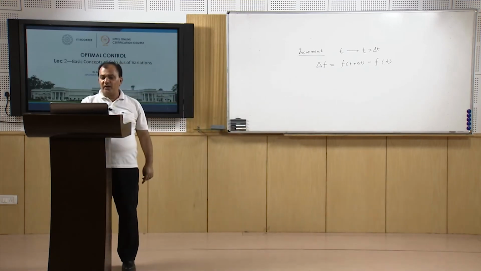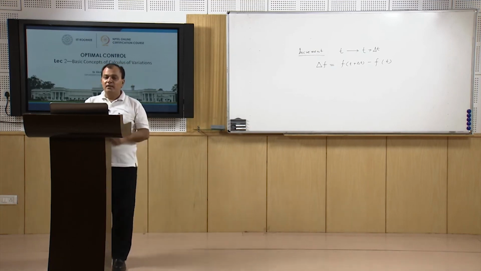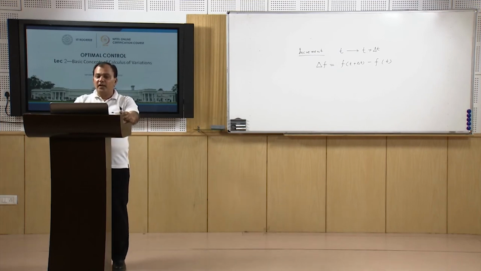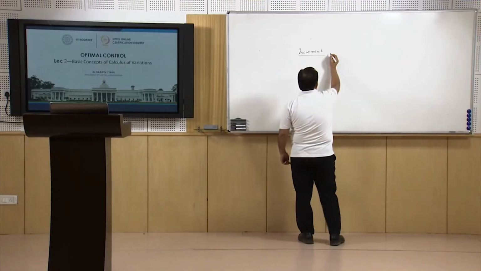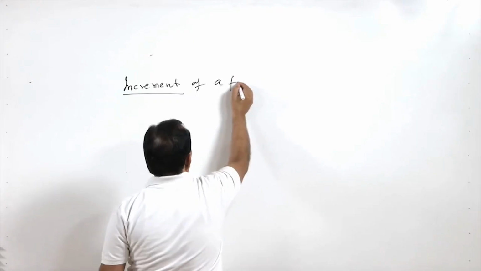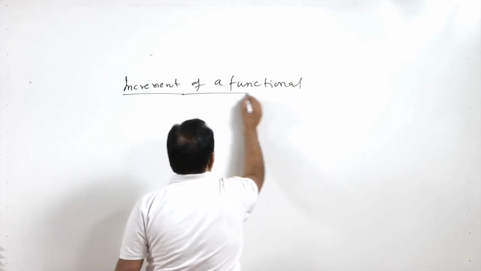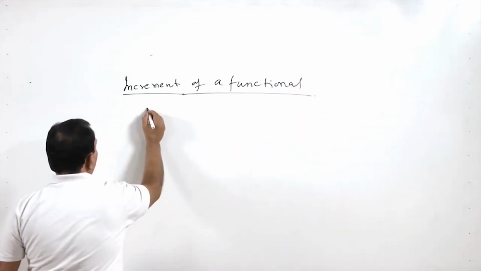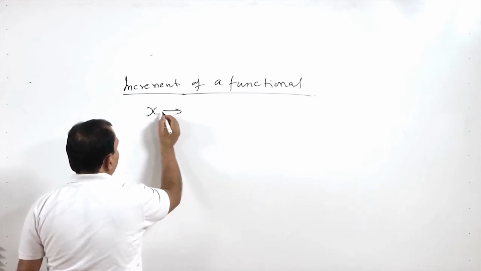Similarly, we can define the increment of a functional. The increment of a functional J, denoted by delta J, is defined as J of x(t) plus delta x(t) minus J of x(t).